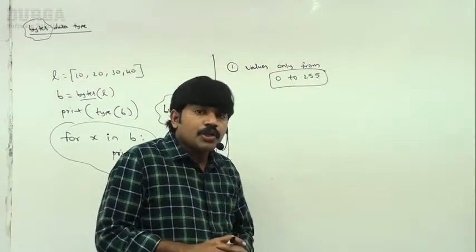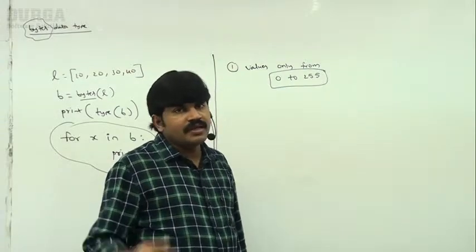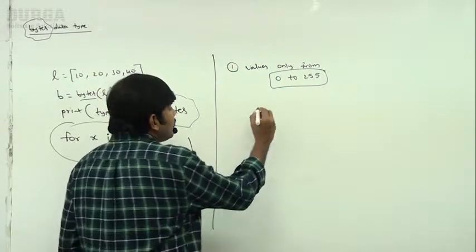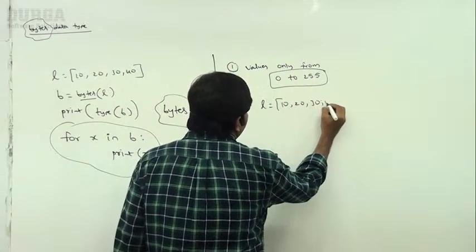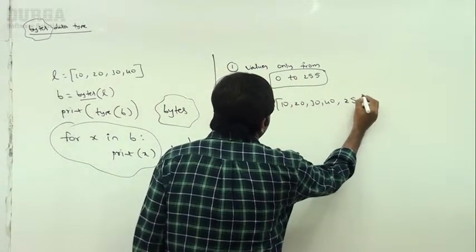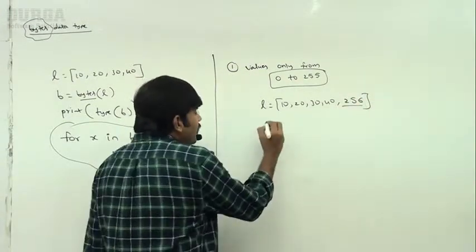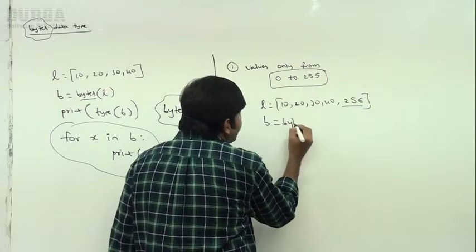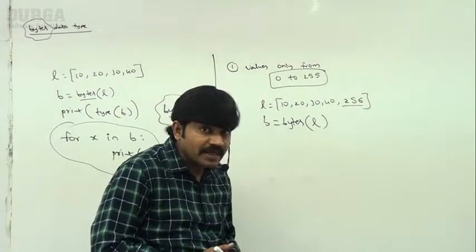By mistake, if you are trying to add any other value, immediately we are going to get an error, sir. Observe carefully. L is equal to 10, 20, 30, 40, 256 I am taking. Sorry, 256 is not an allowed value. If I am trying to create bytes of L, I want to convert this list into bytes type.